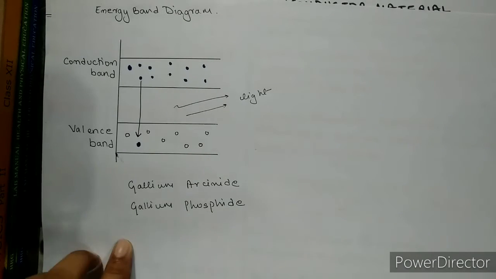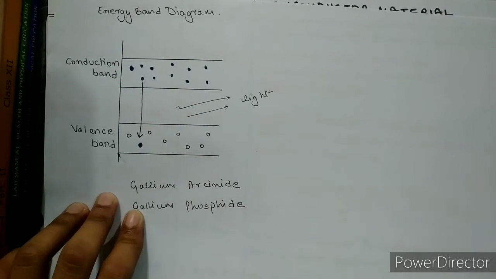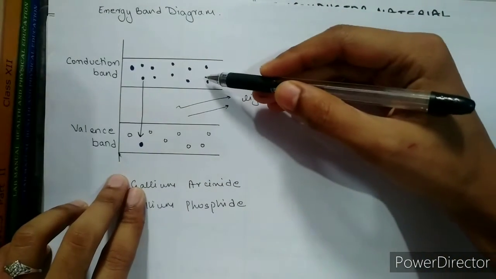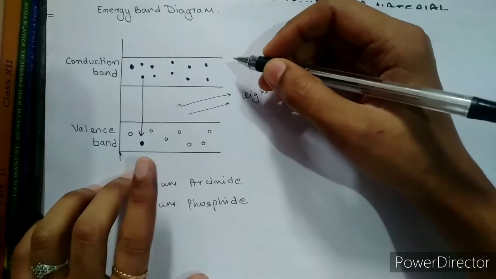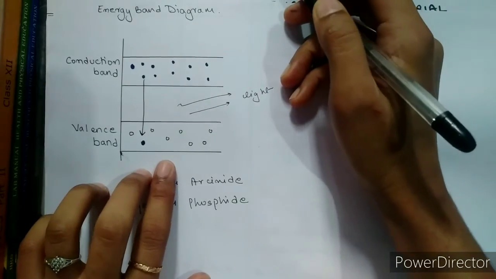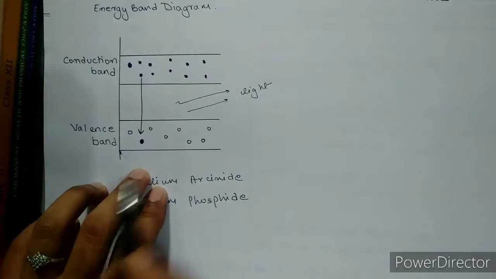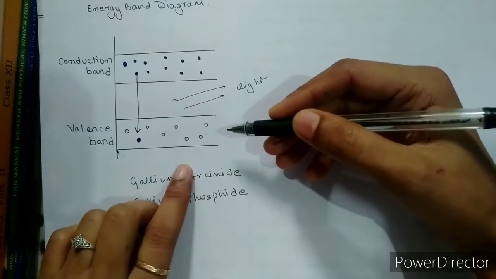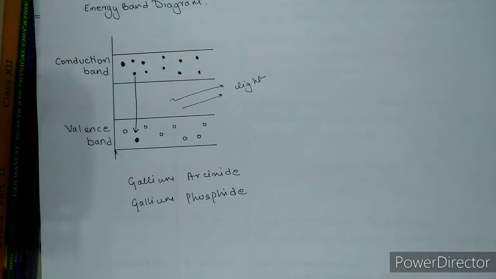Here we can see the free electrons in the conduction band have more energy than the electrons which are still in the valence orbit, and the holes, or the empty spaces left by the electrons, are still in the valence band here.